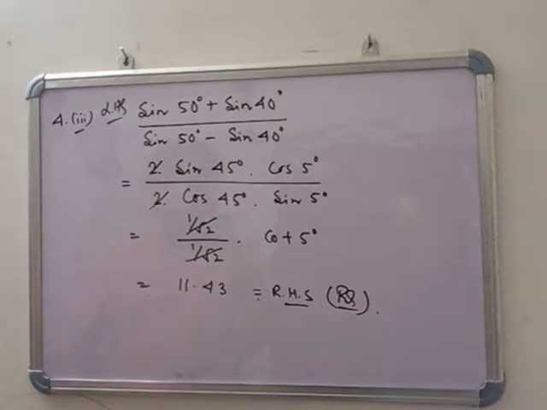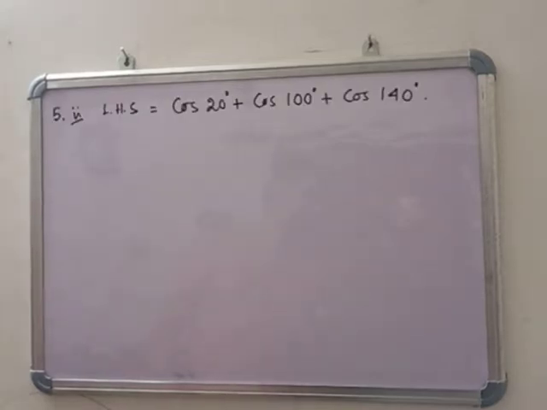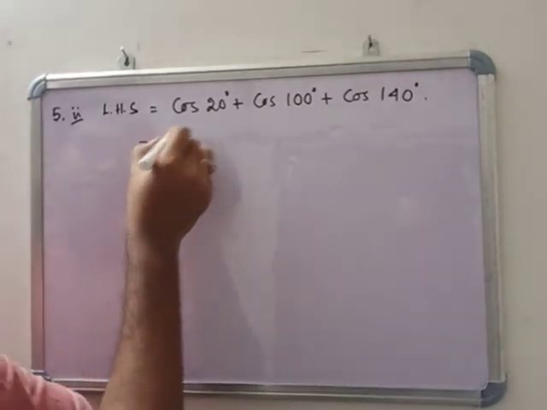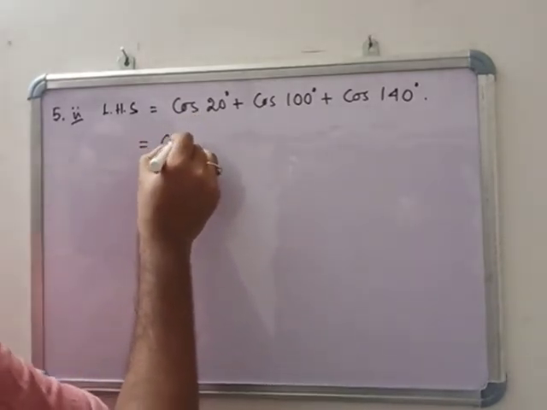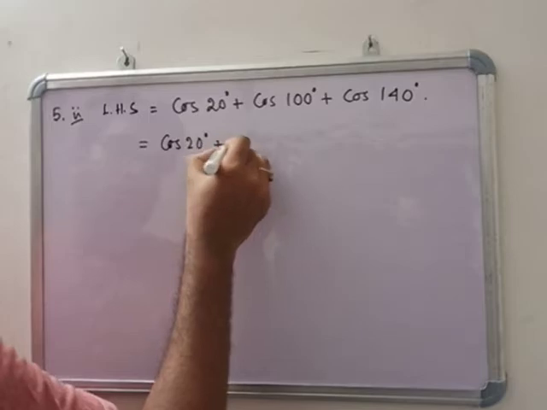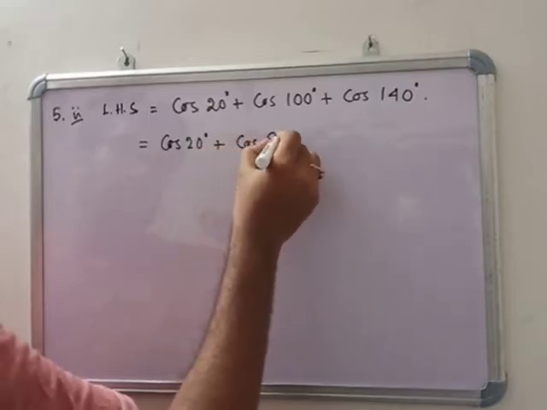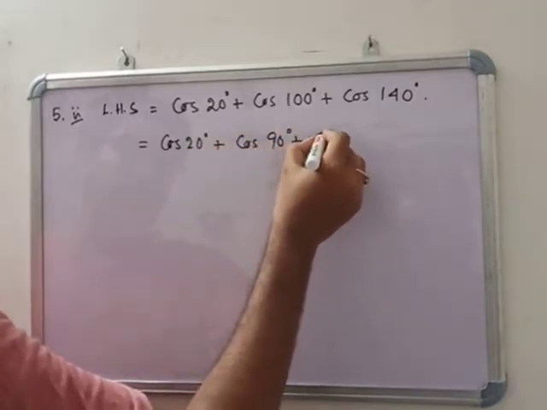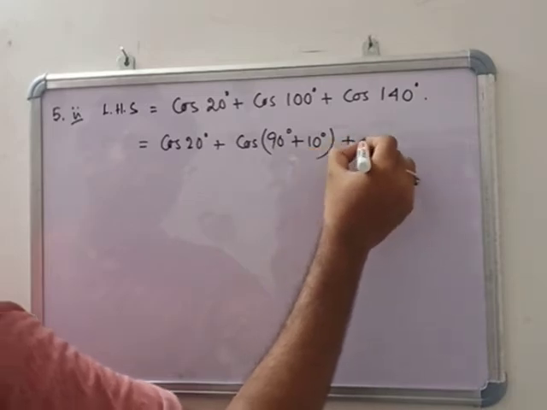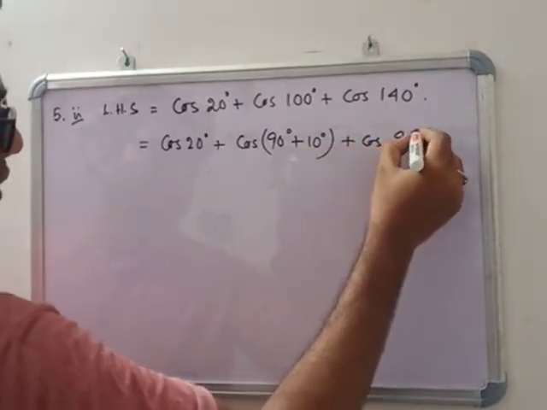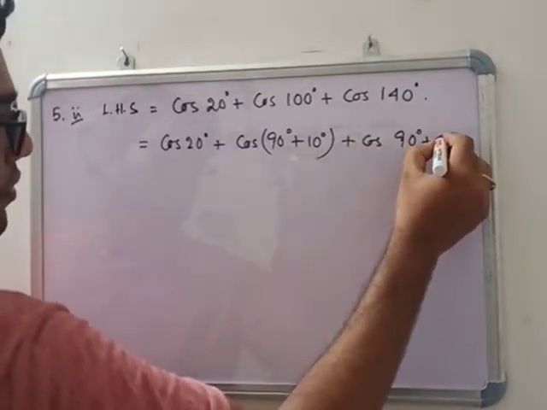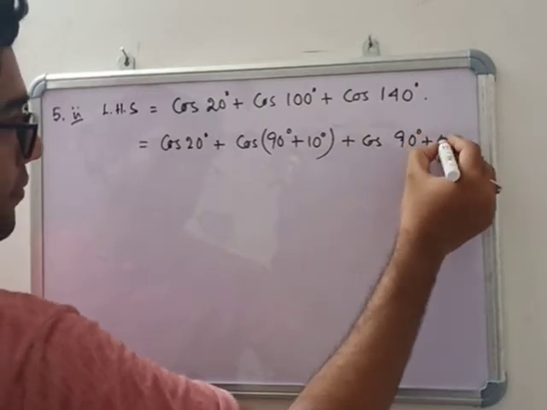Now, next one. Now in 5.2, see that LHS is given cos 20 degree plus cos 100 degree plus cos 140 degree. So we can write from here cos 20 degree plus cos 90 degree plus 10 degree and cos 90 degree plus 50 degree.